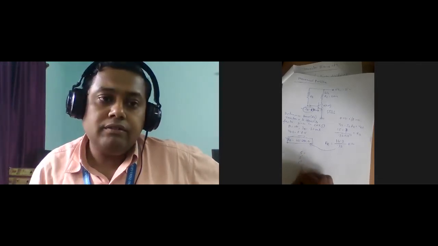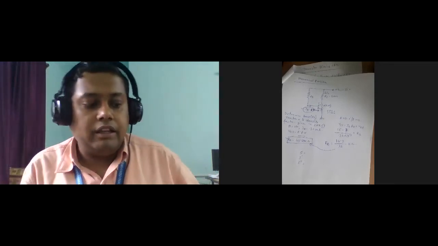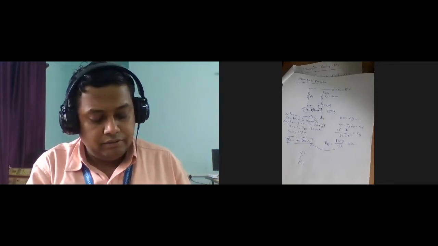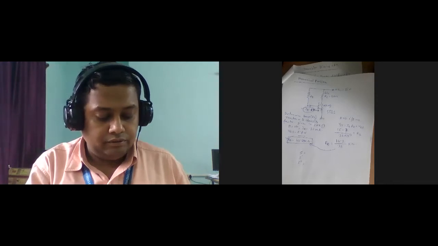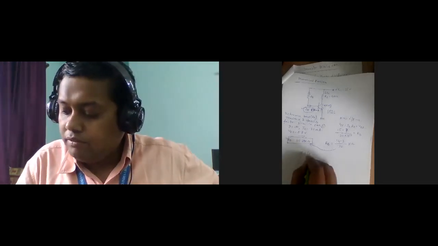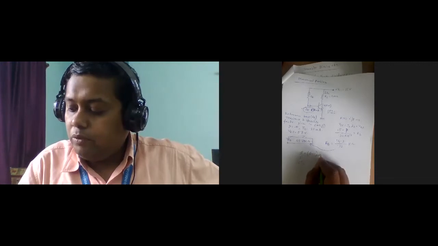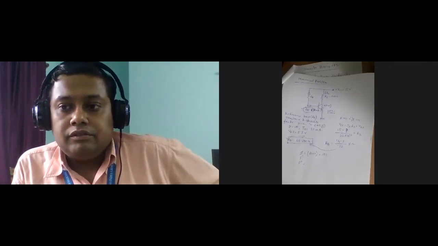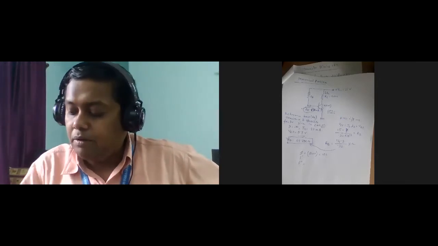What are the respective values? S equal to 1 plus beta, or beta plus 1, that is 101. So find out S prime and S double prime, the values.